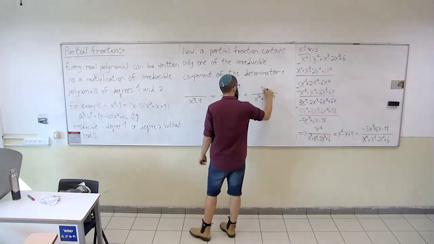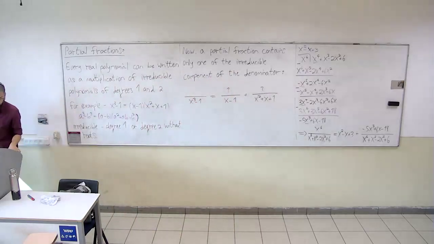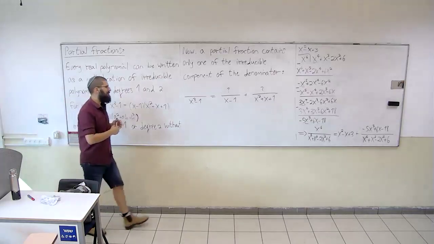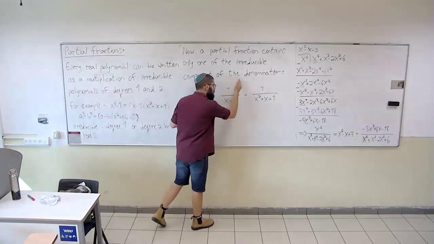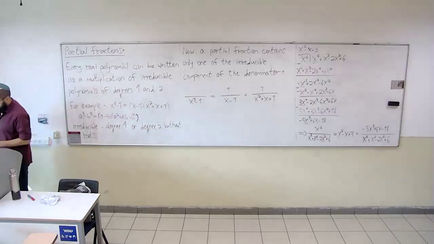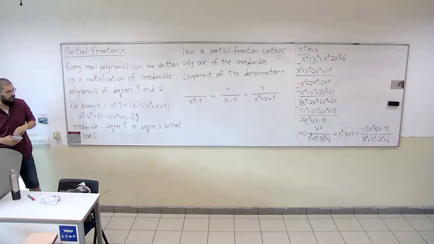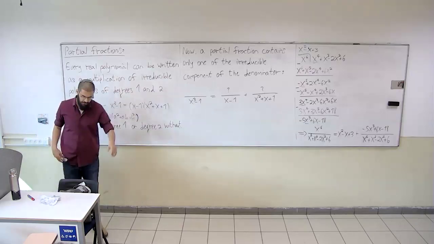What do we put in the numerators of our fractions? That's what we're going to explain in our next lecture. But the concept of what we expect to get when it comes to denominators is this. Every irreducible component of the denominator should have its own fraction, and we call such a fraction a partial fraction.